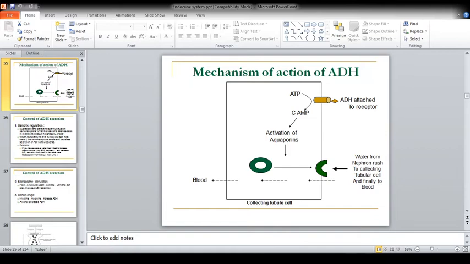Osmolarity depends upon the substances which are present in a fluid. So the fewer the substances, the more the fluid, the lower the osmolarity. The more the substances, the less the fluid, the osmolarity increases.